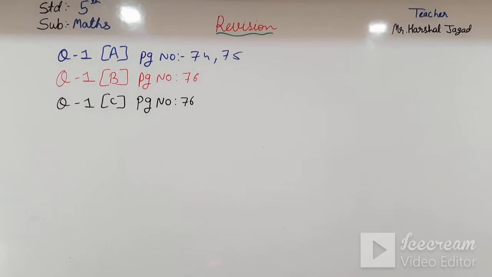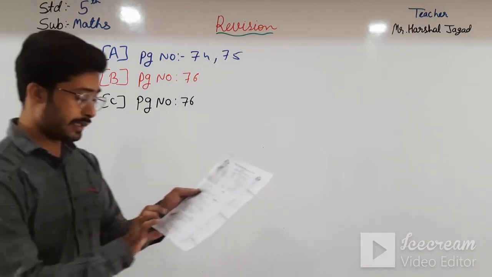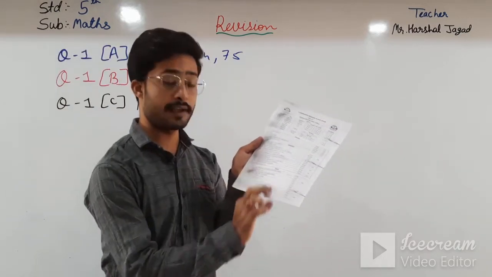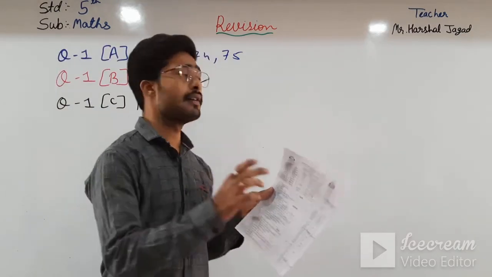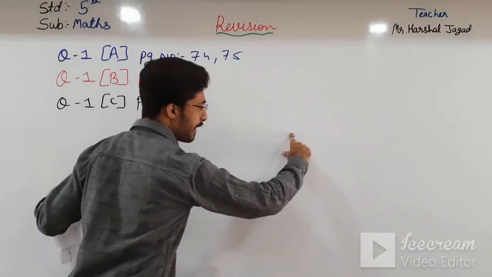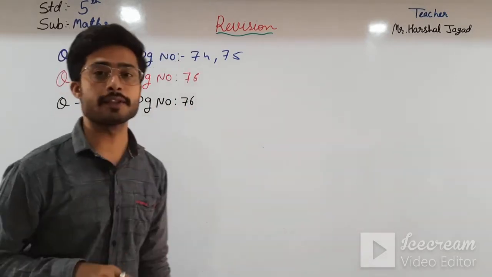that is question number 1d. Question number 1d, that is circle the composite numbers. So in that what you will do is, in question number 1d, circle the composite numbers. There will be numbers given and you have to circle the composite numbers.